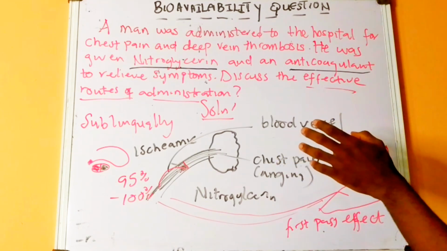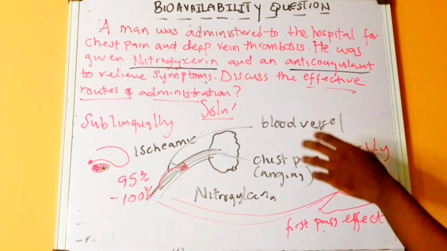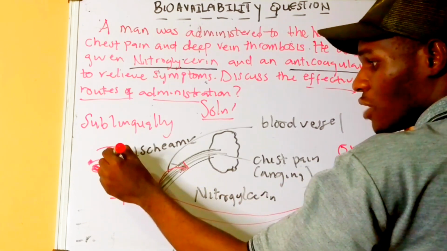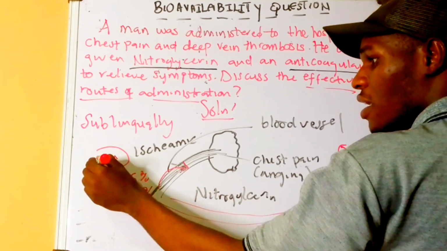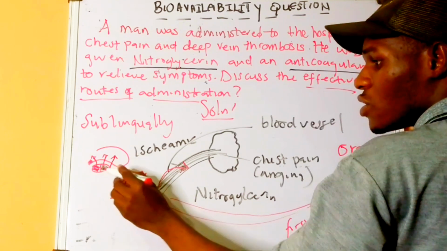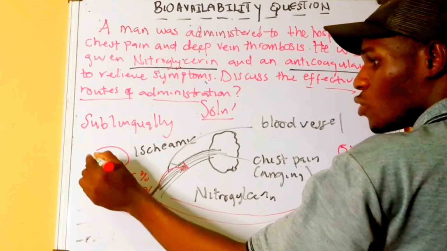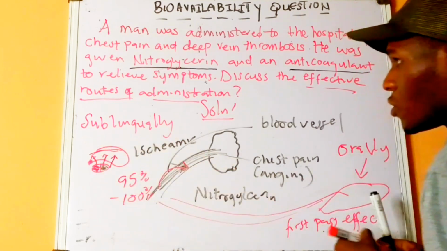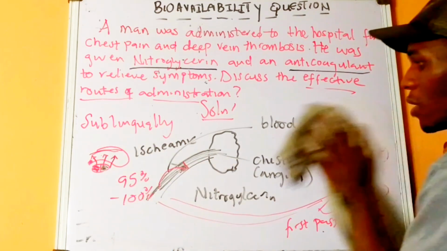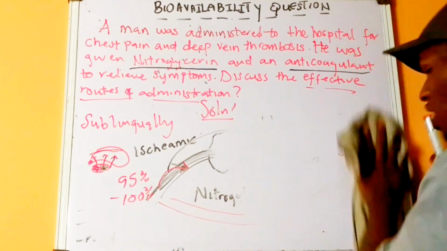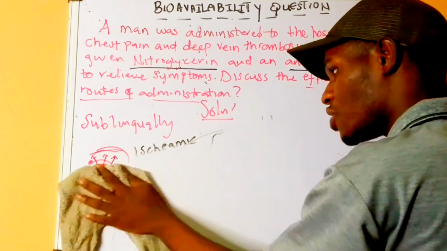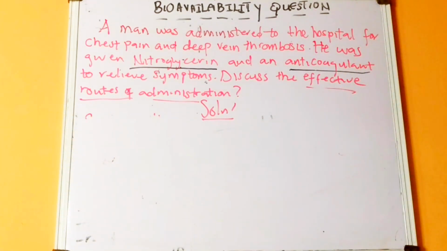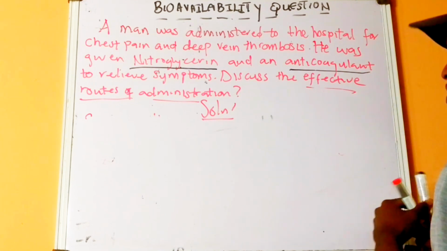We have spoken about the effective route of administration of nitroglycerin, which is given sublingually because the nitroglycerin will diffuse into the soft mucosal tissue of the tongue, entering into the bloodstream. Talking about anticoagulants, the general classes include antiplatelet drugs, fibrinolytics, and anticoagulating drugs. You can mention all of them.